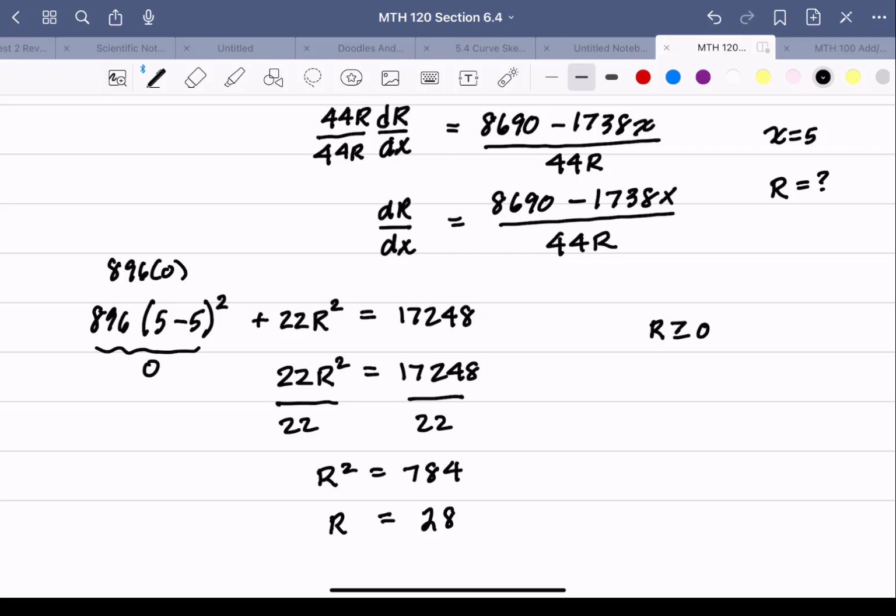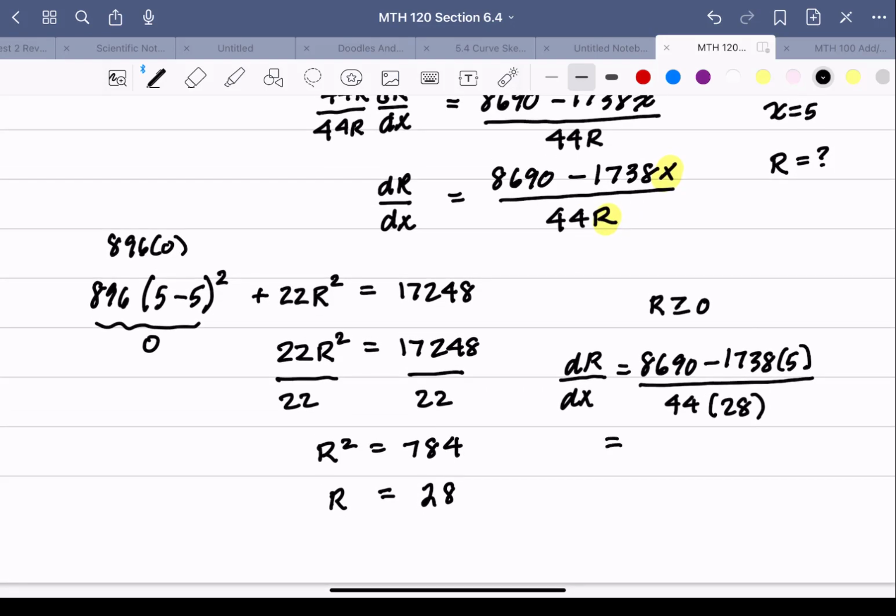Okay? And now that I know what R is and I know what X is, I can find the change in the revenue with respect to the units sold. It's going to be 8690 minus 1738 times 5 divided by 44 times 28.